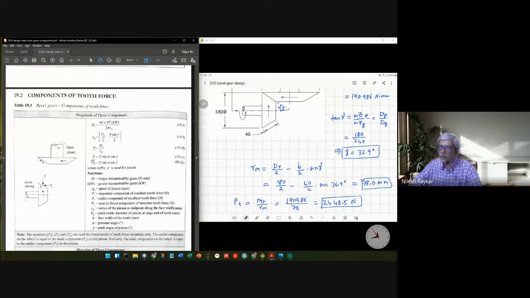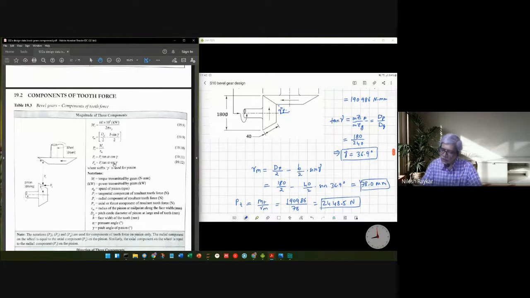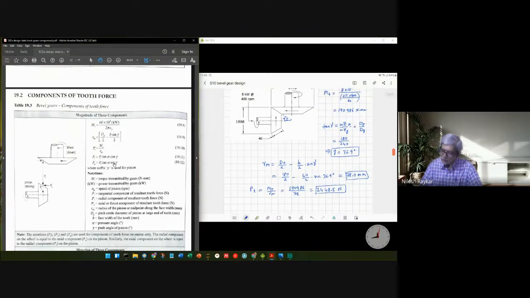Now we can calculate PR and PA in terms of Pt and other parameters. PR equals Pt tan alpha cos gamma. That is 2448.5 into tan of the pressure angle, 20 degrees, into cos of 36.9 degrees.